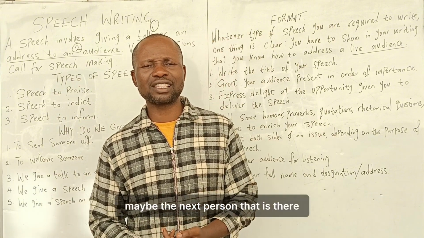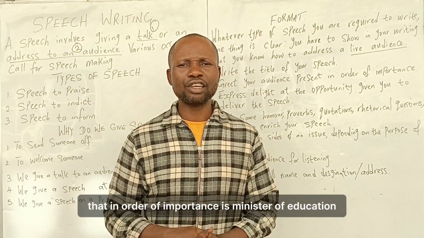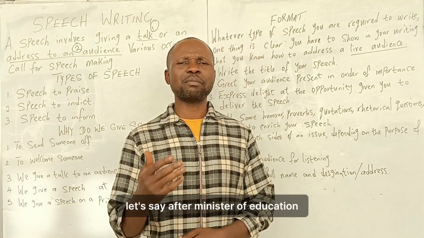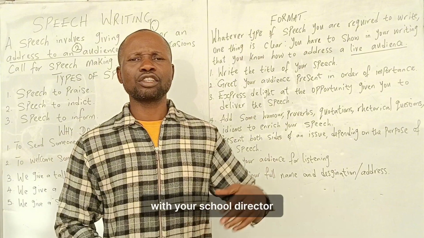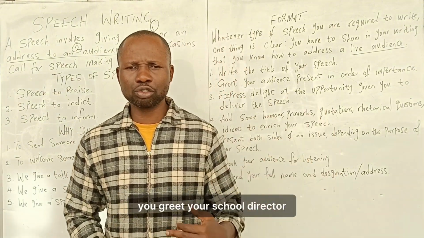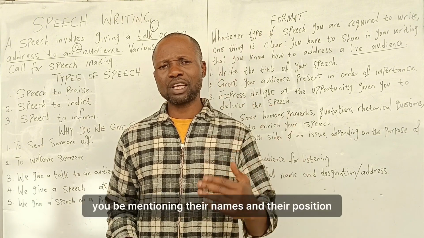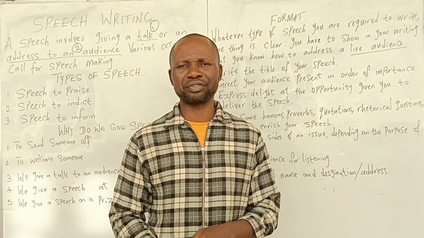Maybe the next person that is there, in order of importance, is the Minister of Education. You greet the Minister of Education. Let's say after the Minister of Education, the next person in order of importance is your school director. You greet your school director. After the school director, you'll be mentioning their names and their position, which is their designation.